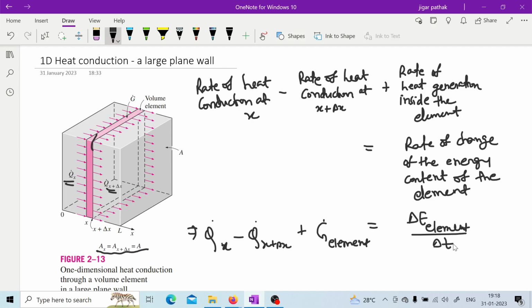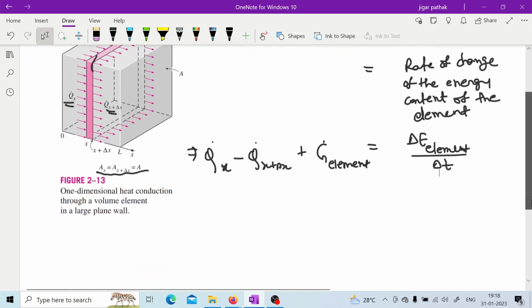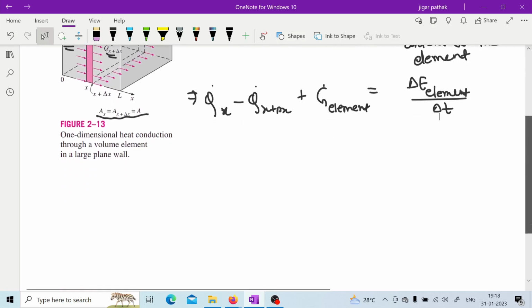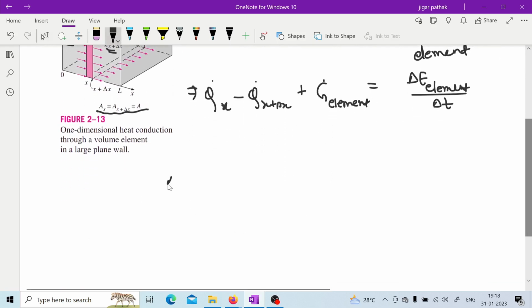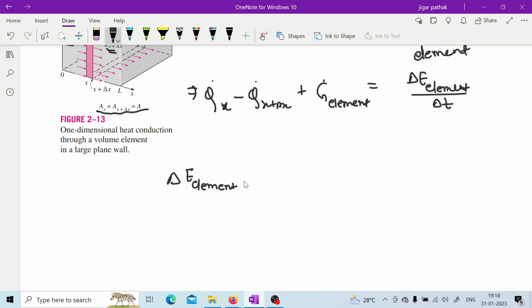So once you have this, then you can further simplify this generation of heat and the rate of change of this energy. How can you simplify it? If you first simplify this rate of change of energy, then at t plus delta t there will be some energy, and at time t some energy will be there, which is given by m c delta T, right?